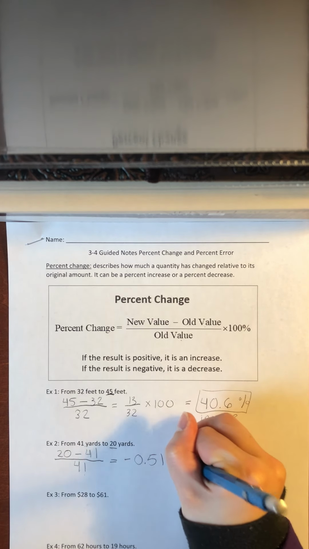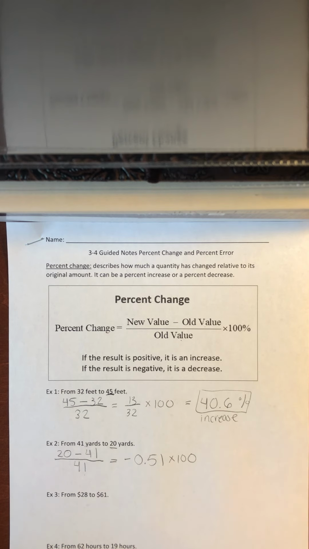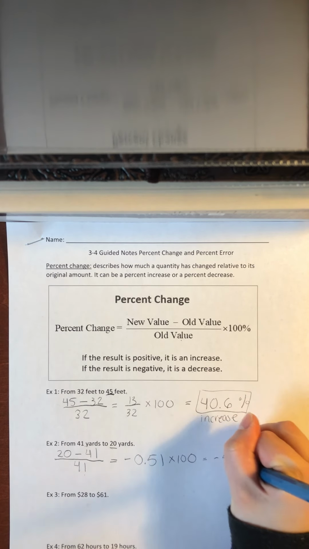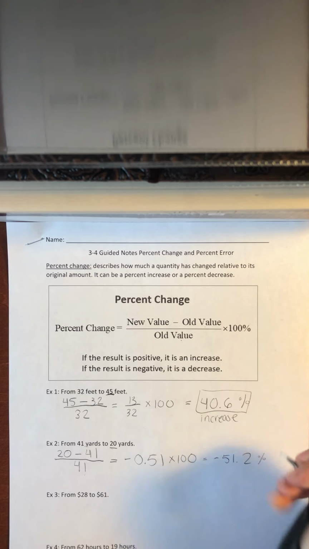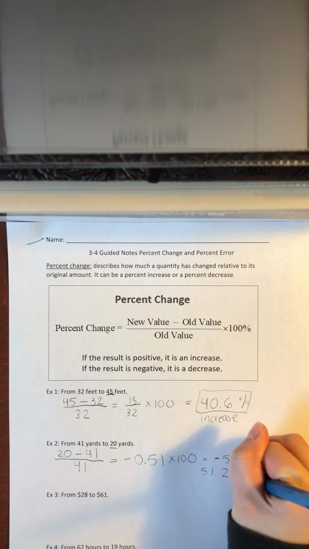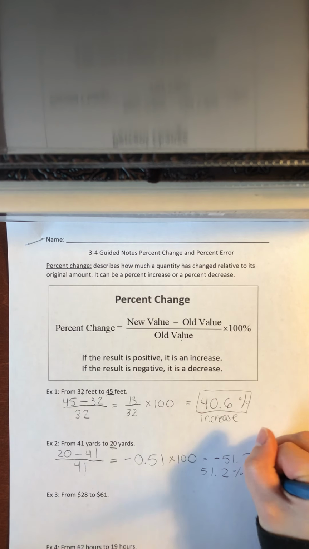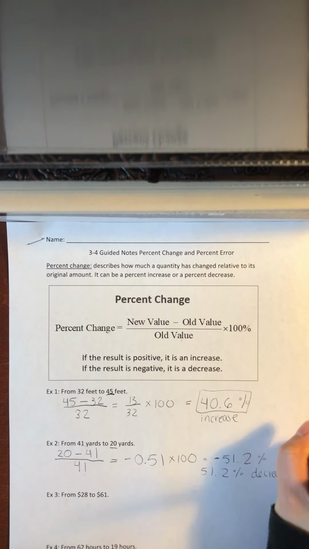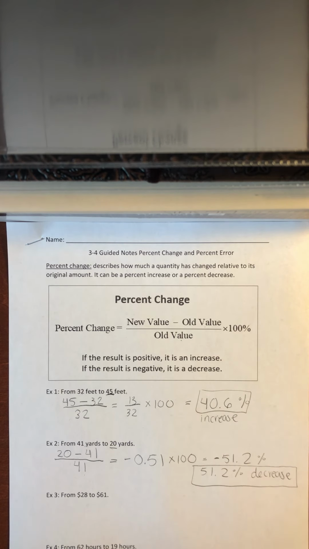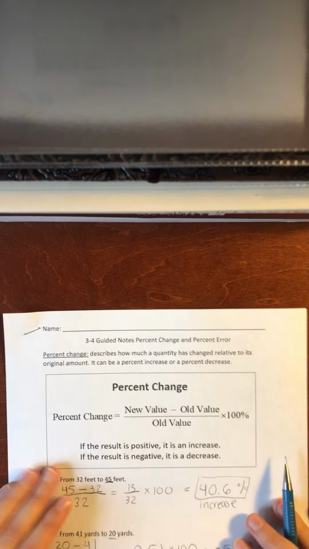And then when you multiply by 100, you will get negative 51.2%. But you're just going to ignore the negative and you're going to say it's 51.2% change, and it's a decrease because it's going down. That's what the negative means. And that makes sense because you're starting at a higher value and then you're going down to a lower value. Okay. Next.